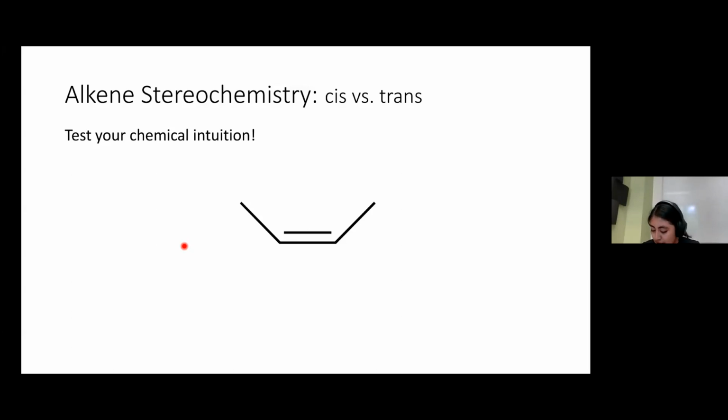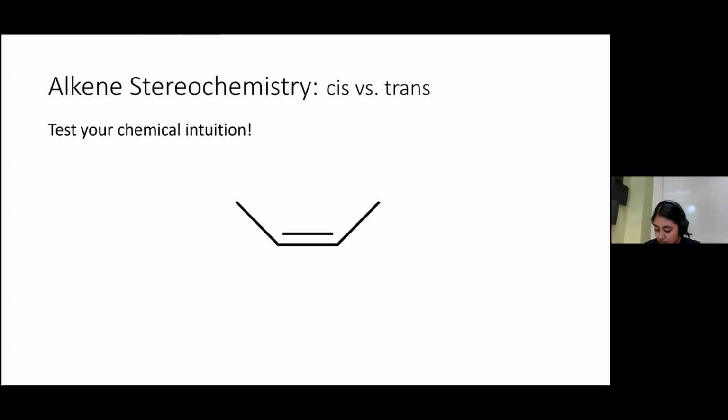In this case, we mean same side in relation to the double bond. We look at the double bond right here and divide it between up and down, and we see that these two are both going up. So they're cis, they're going to the same side. We'll go into more detail on this on the next slide.